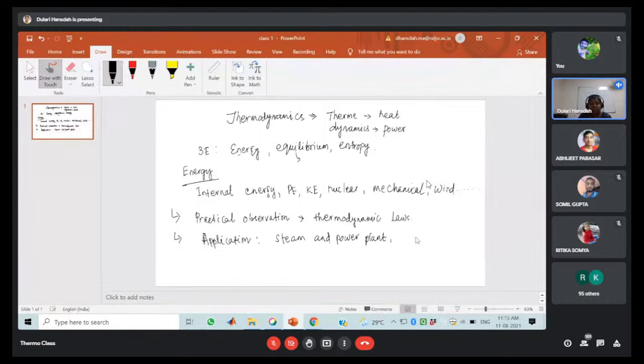What are the other examples? We also use them in IC engines, meaning internal combustion engines. A steam engine is an external combustion engine. So mainly we apply them to heat engines, and also to gas turbines and refrigeration and air conditioning systems.